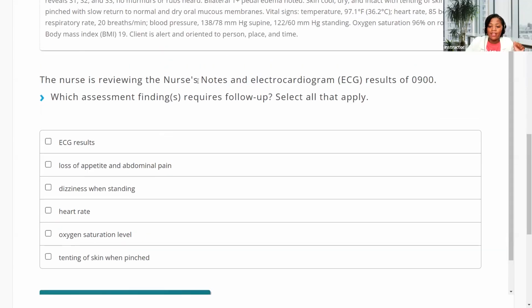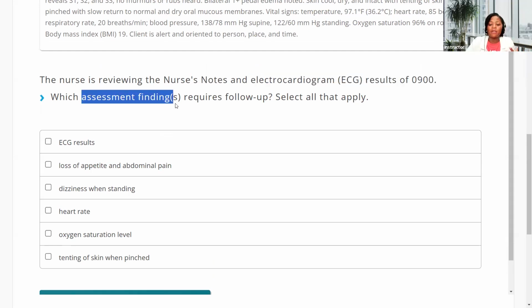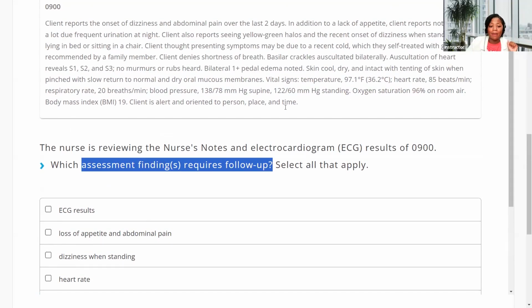So the nurse is reviewing the notes and the EKG results, and they're asking us what assessment findings require follow-up, right? What matters here the most? That's going to require follow-up. And remember, I told you normal typically does not matter because normal doesn't require immediate follow-up, right? So with that said, let's head up to C.